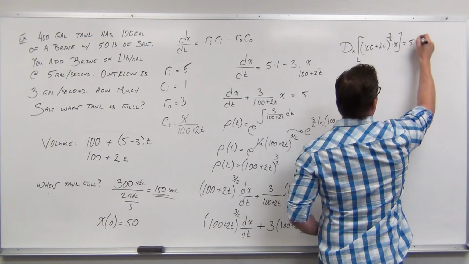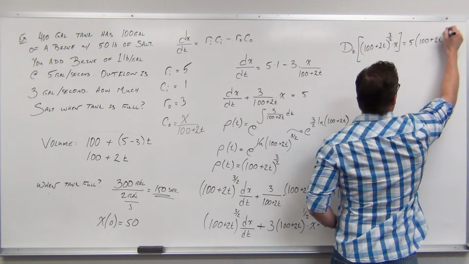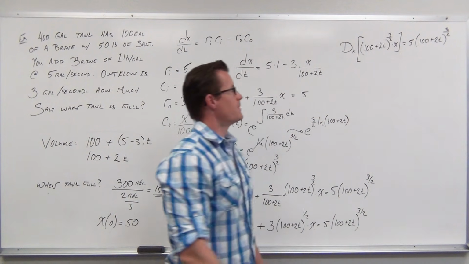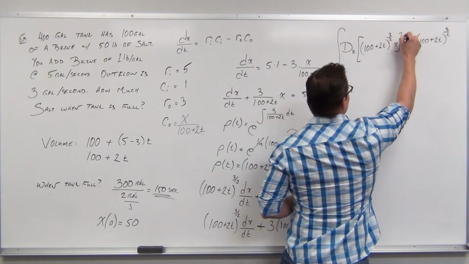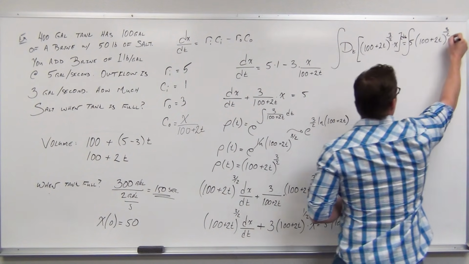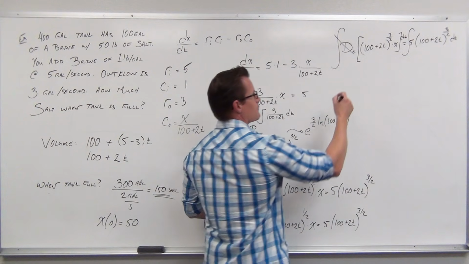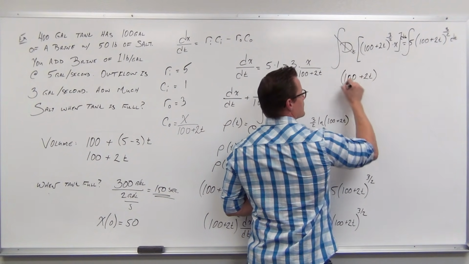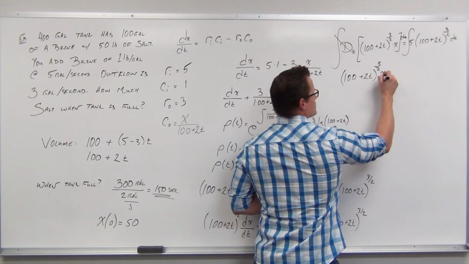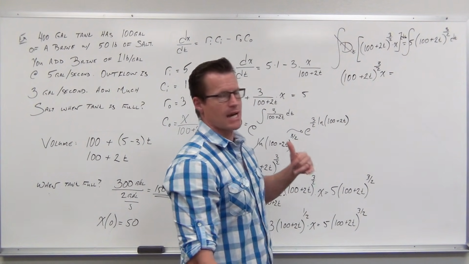Equals, and now it's just a matter of integrating both sides with respect to t. Integrals undo derivatives, we have this 100 plus 2t to the 3/2 x equals, on the right hand side we go through the kind of the same exact idea.